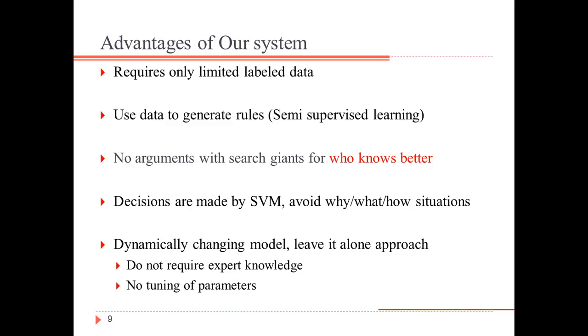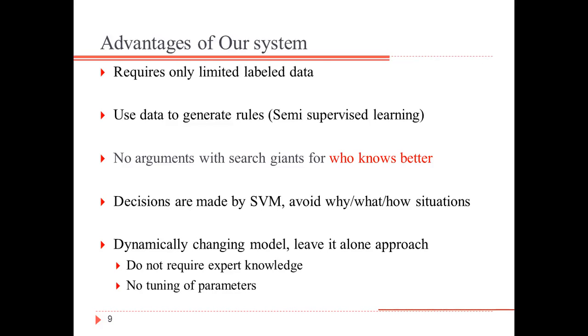Since the rules are machine generated or human independent, we do not expect arguments such as who knows better. Because in these existing systems, we can always question why and how a certain rule has identified a click as valid or invalid, since these rules are developed by humans.